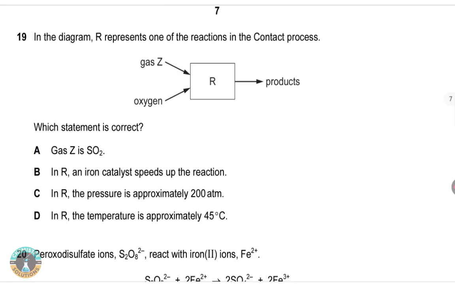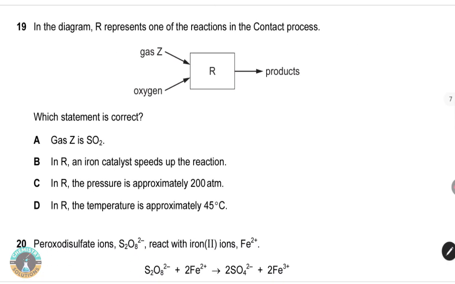In the diagram, R represents one of the reactions in the contact process. Which statement is correct? Gas Z is SO2. Yes, SO2 reacts with O2 to give us SO3, sulfur trioxide.